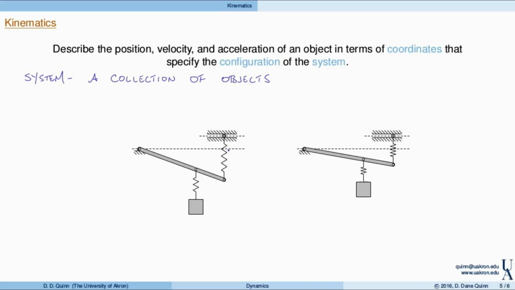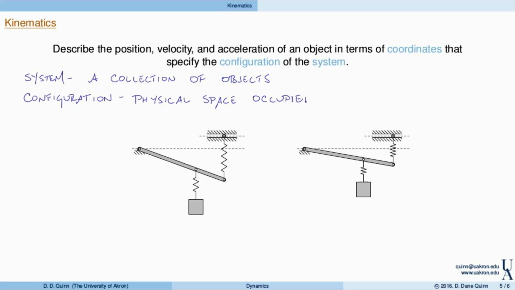Now, when I talk about configuration, that is the physical space that's occupied by the system. Or where are all of these different material points and objects?